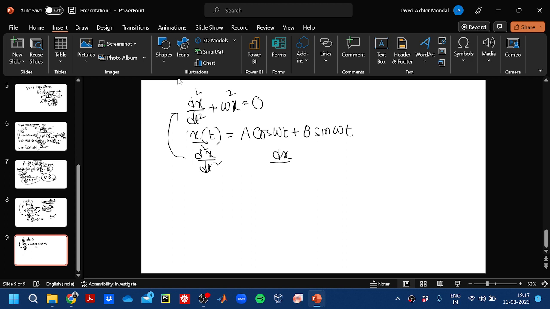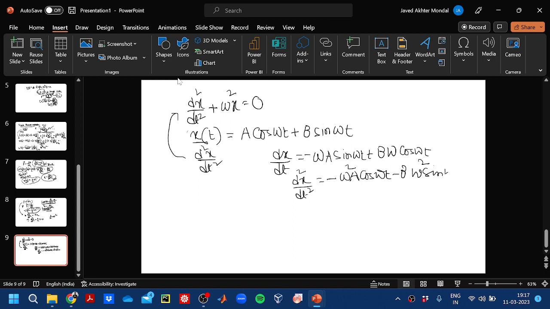So what will be dx/dt? dx/dt will be minus a omega sine omega t plus b omega cosine omega t. And what will be the double derivative? The double derivative will be minus omega squared a cosine of omega t minus omega squared b sine of omega t.